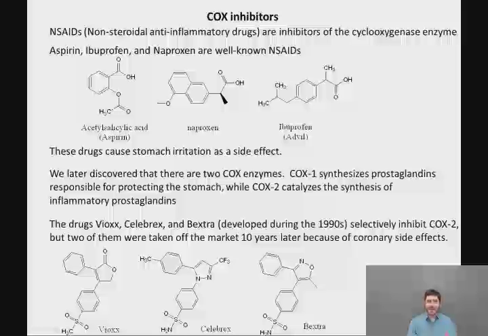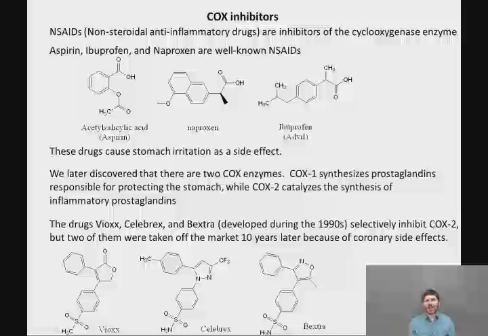But what I'd like you to look at at this point is just the structures of Vioxx, Celebrex, and Bextra. They were all developed by different pharmaceutical companies trying to get their foot in the door of this very important area. And their structures are as similar as they can be without infringing on each other's patents.